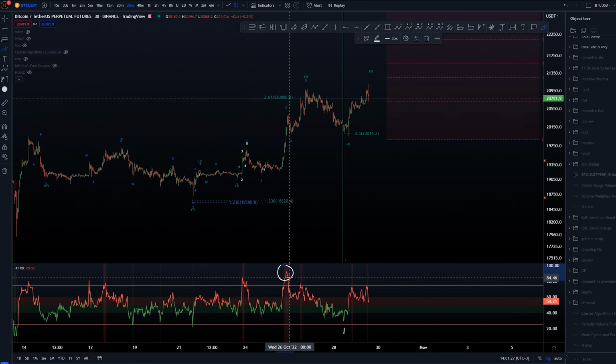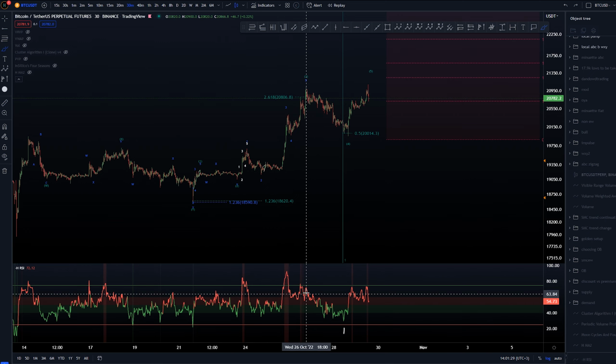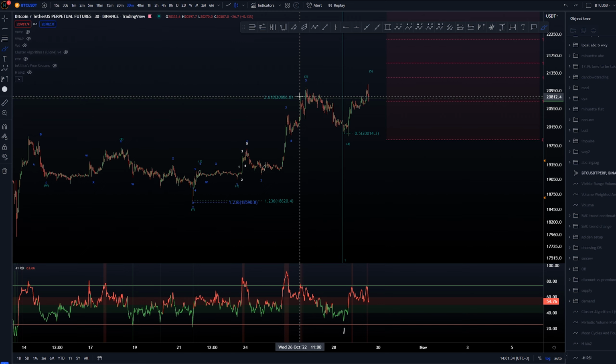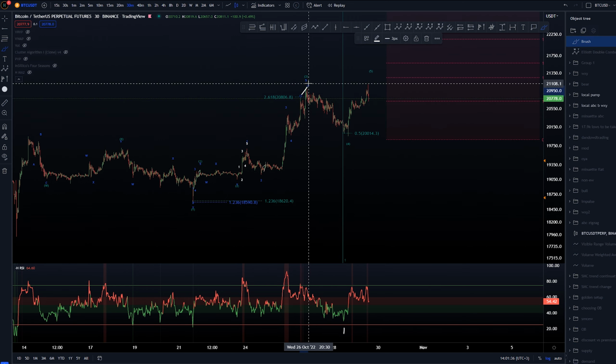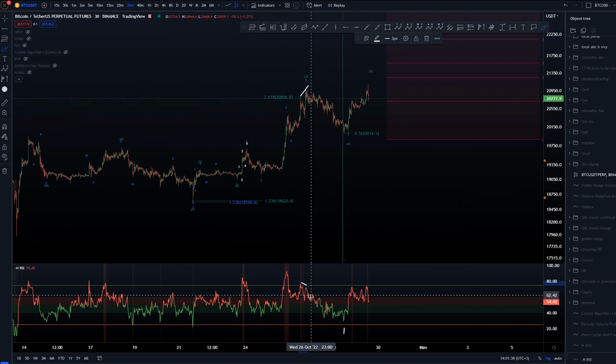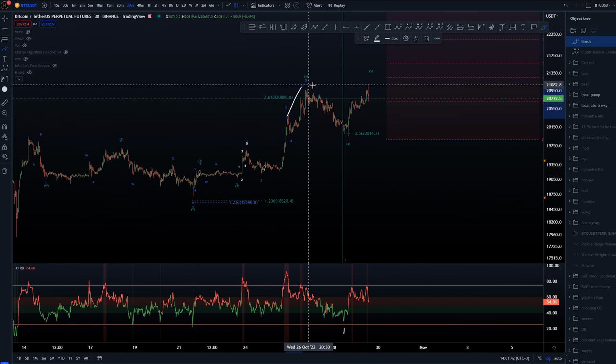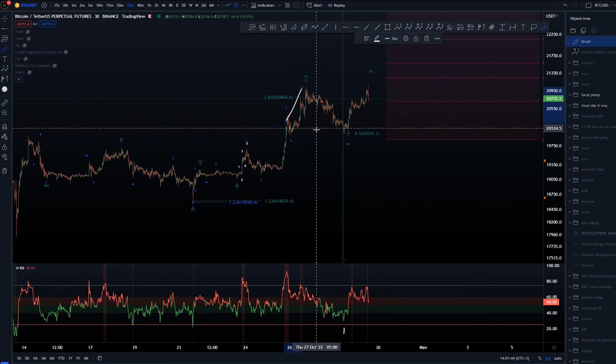Third of third here on RSI would have the highest RSI, creating that divergence between these two highs, with the fifth of third having that divergence as well against the end. So it is very probable that this structure is done here.